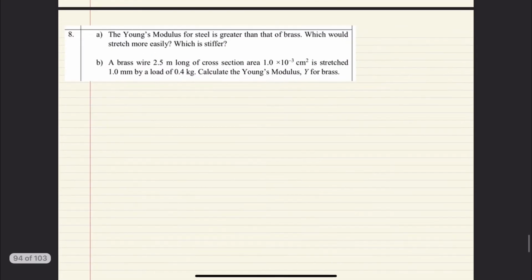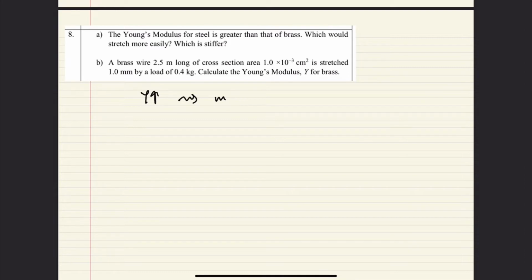Okay, question number 8. The Young modulus for steel is greater than that of brass. Which will stretch more easily, which one is stiffer? So the Young modulus determines the stiffness of a material. So the bigger the Young modulus, the stiffer it is.